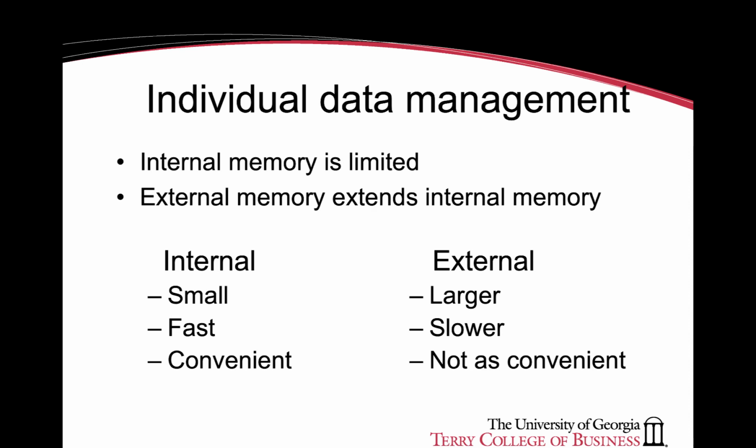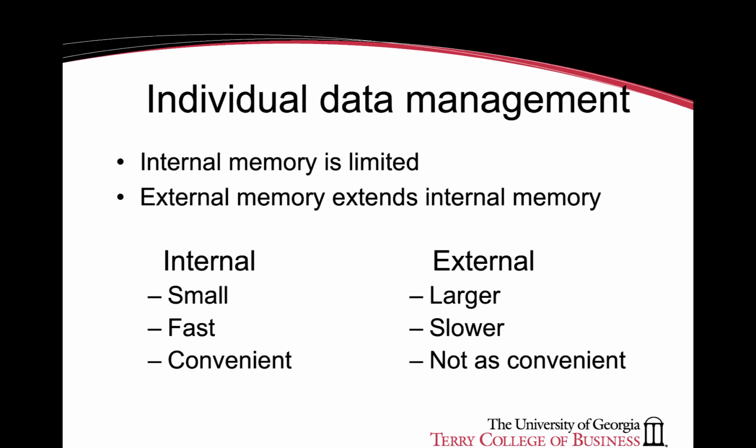From an individual data management perspective, one must realize that internal memory, the capacity of our head, is limited. And so we can use our brains to remember small pieces of information. And while we are quickly able to retrieve that piece of information, and it is very convenient, we can't really store too much information in our brain.